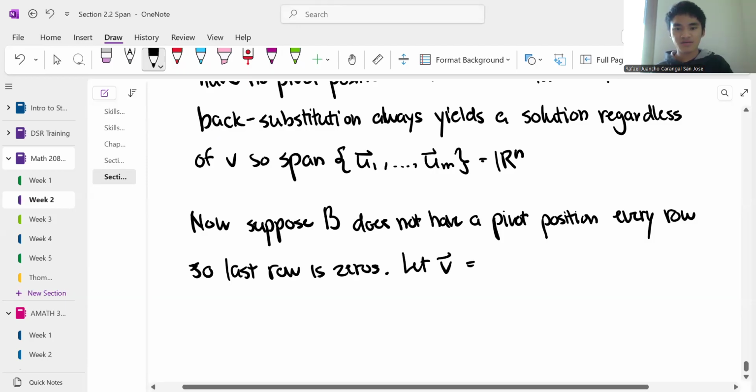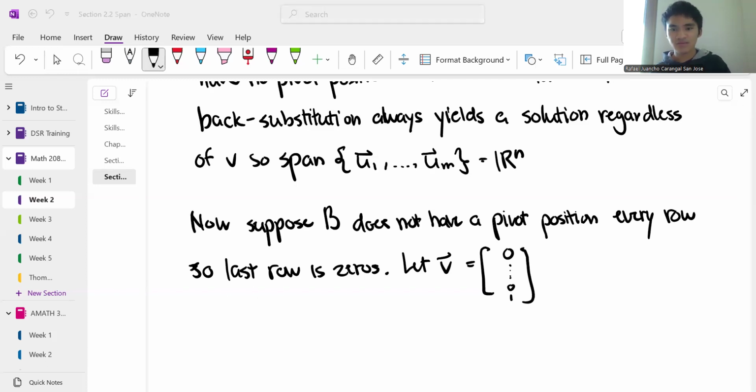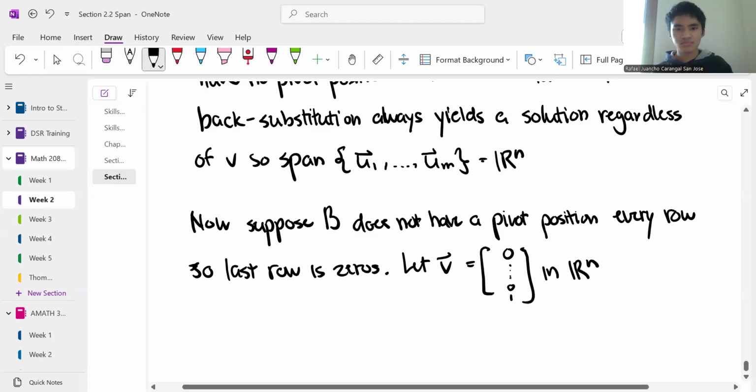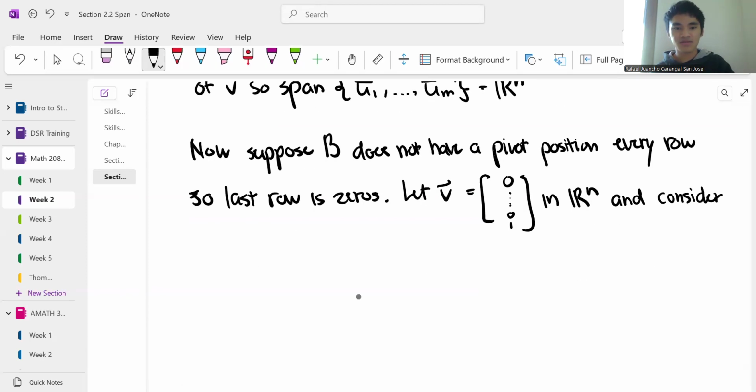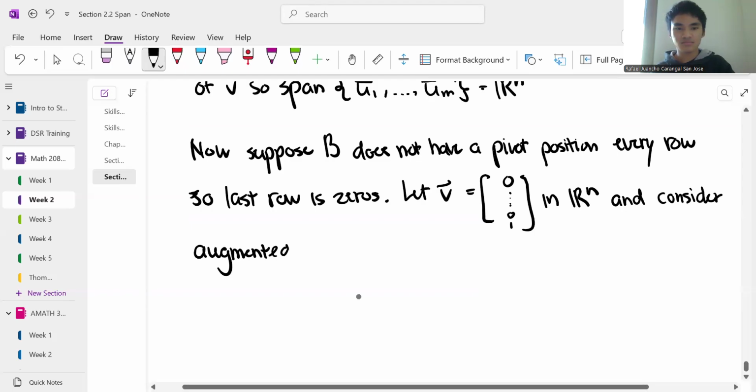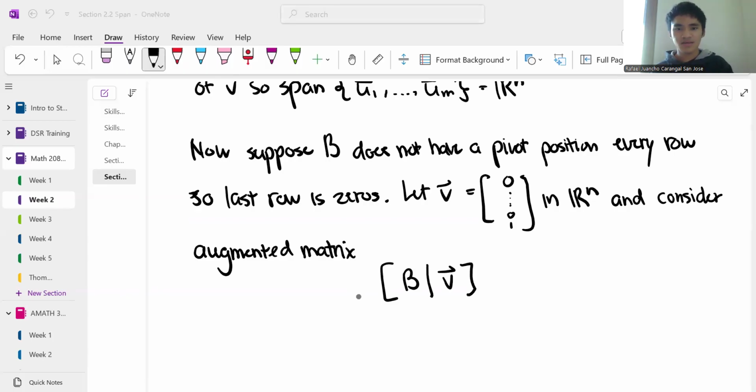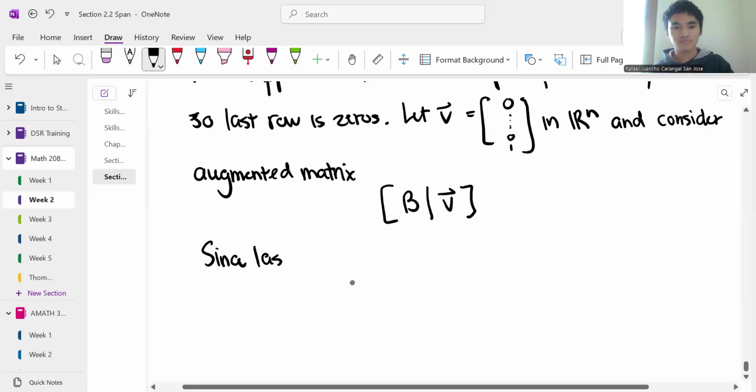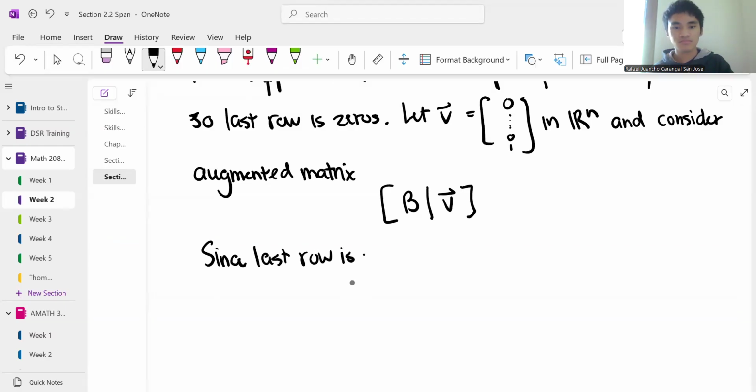Then if we let V be 0, 0, 1 in Rn, and we consider this augmented matrix, say this is B, this is V. And since the last row of B is zeros, this has no solution. It's an inconsistent system.